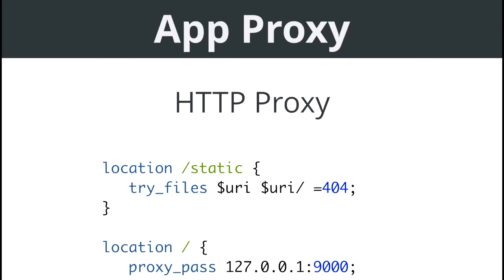So a lot of times the setup can be just to reserve a directory under which static files are served. In this example, that's the static directory. So anything inside of the static directory, any subdirectories, any subfiles, get treated as a static file. We see the try_files again here, and it tries the URI or the URI as a directory. Failing to find that, it returns a 404.